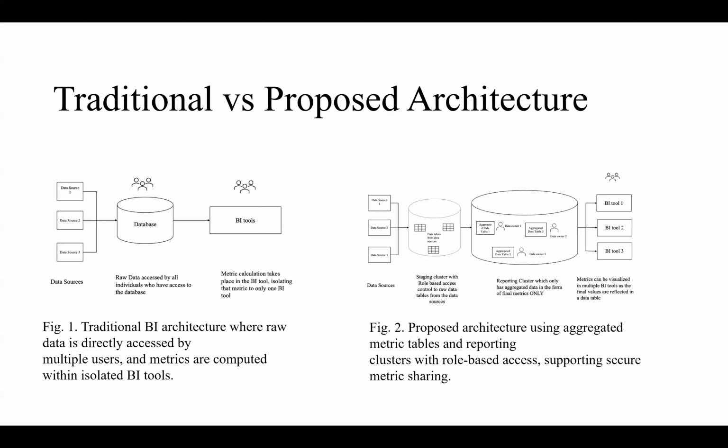Anyone who needs access to these tables can be provided access, irrespective of their team, since it does not expose any sensitive data. These metrics can then be used across multiple reports and even different BI tools, as the table contains the final metric and the logic does not reside in any BI tool.